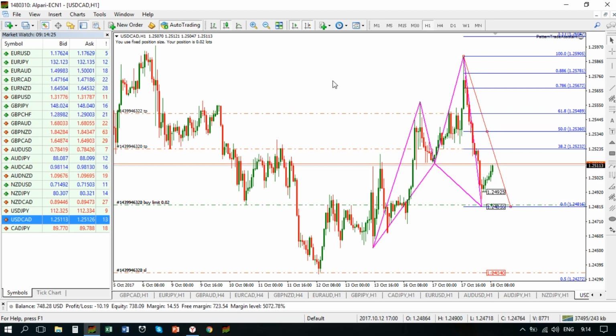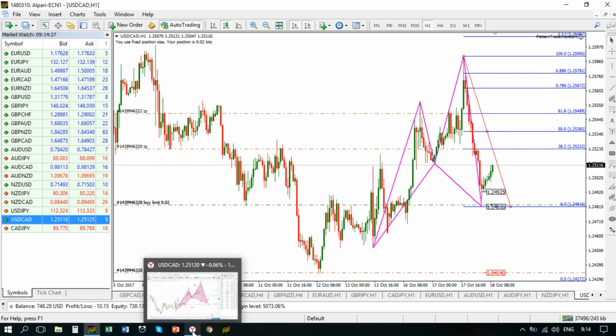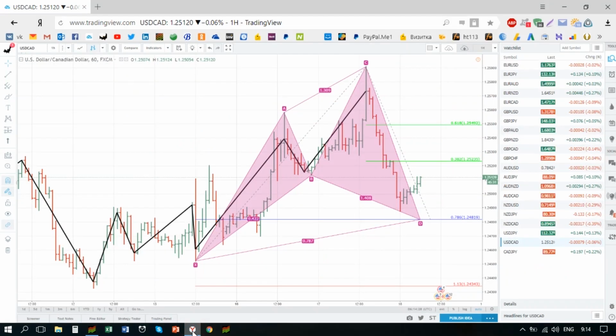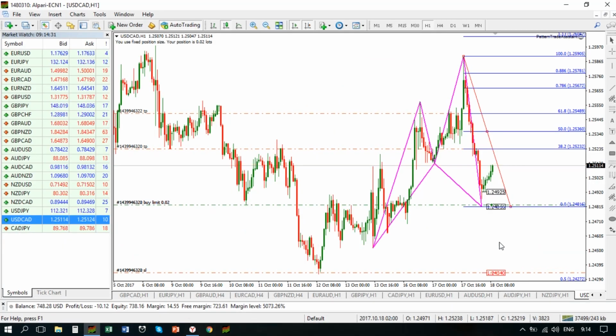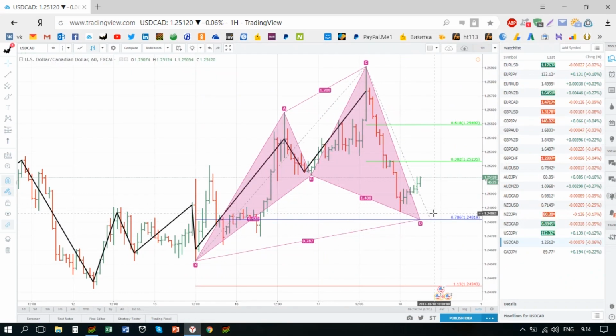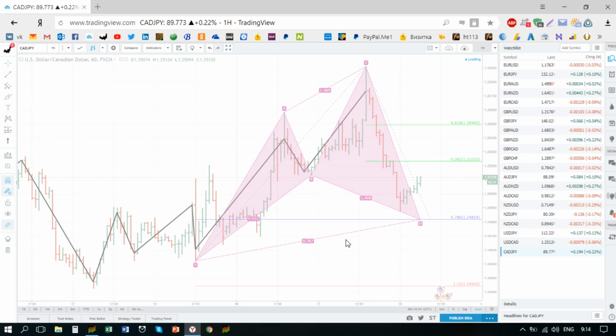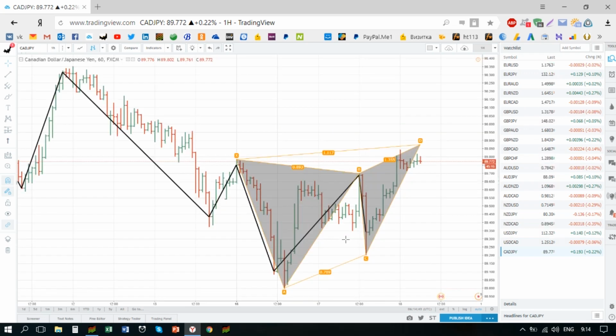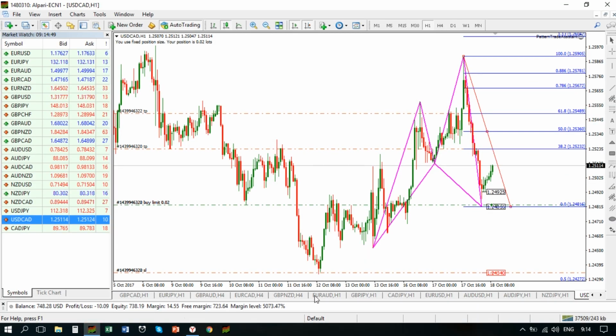Let's go next. This is the dollar Canadian potential opportunity. With manual approach, I don't use the 90% rule. But with automated, it was proven that the 90% rule is very helpful. Canadian yen is the last pair on 1 hour, and we have a potential butterfly advanced formation that is looking this way.